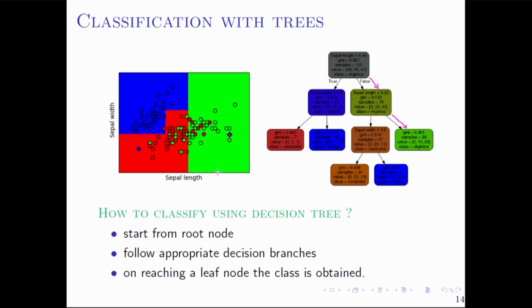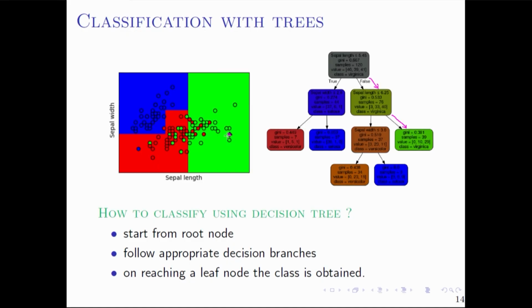We'll go on to how to split these nodes and how to select those thresholds. Before that, we'll first talk about how to predict a test data point if you have a decision tree. If you have an unknown test data point like this magenta one, you start from the root node and decide whether it should go to the left child or the right child, and then you proceed according to the decisions.